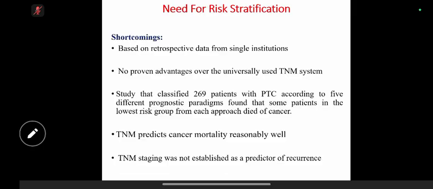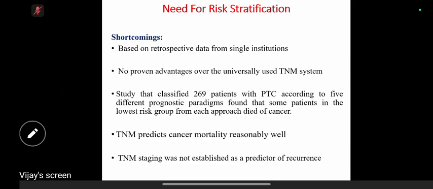So what was the need? There was a need for a universally accepted risk stratification system, as mentioned earlier. The earlier classifications had shortcomings based on retrospective data from single institutions, and there was no proven advantage over the universally used TNM system.